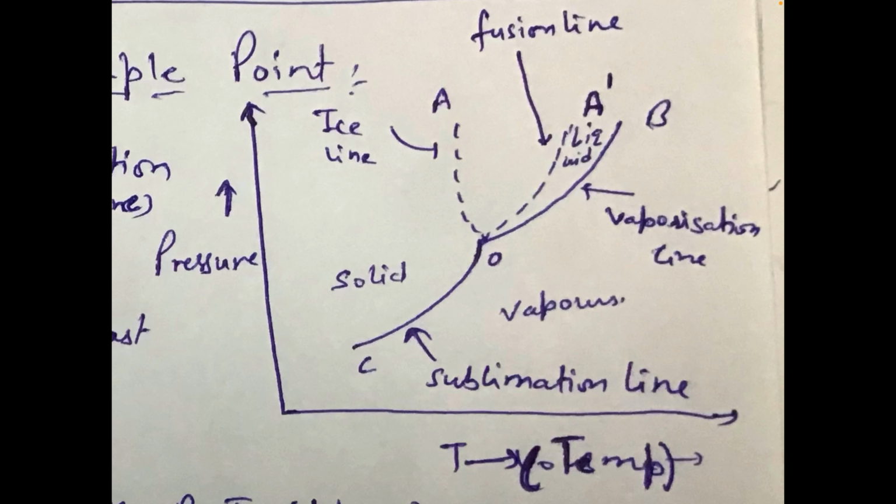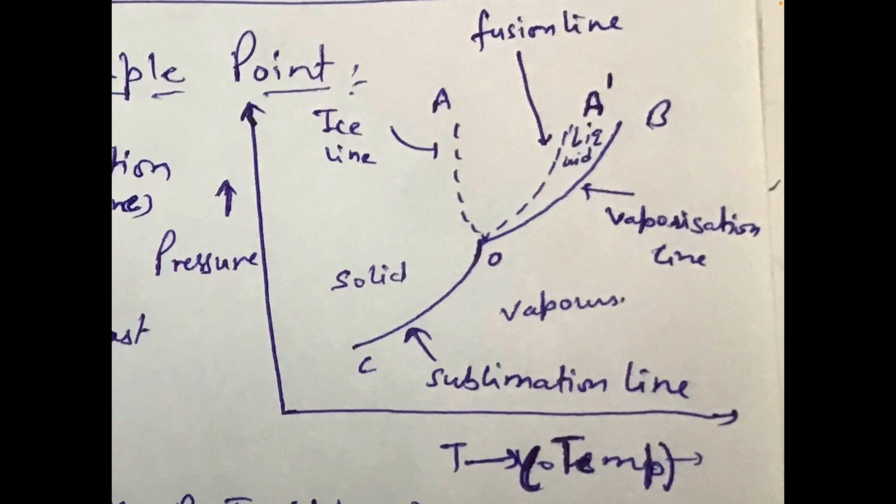Similarly for OA, on the left side the substance is in solid state, and on the right side from OA the substance is in liquid state, that is water. And for other substances, the left hand side of OA dash represents their solid state, and the right hand side from OA dash to OB represents their liquid state.